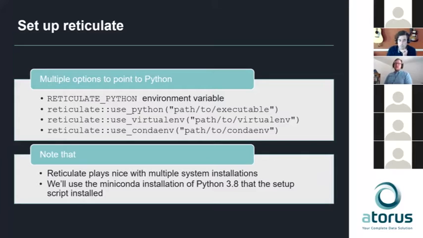You can have different ones installed in different places and just point to which one you need. You don't have to do this; it will default to your basic version of Python. But in today's case, that's not the one we want. We want to use the Miniconda version that has Pandas in it, because not everyone has Pandas installed. So we have a nice Miniconda of 3.8.